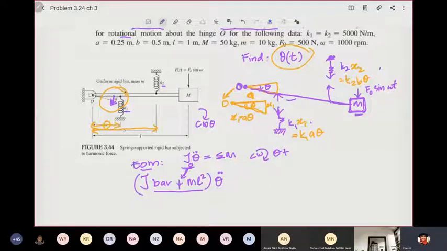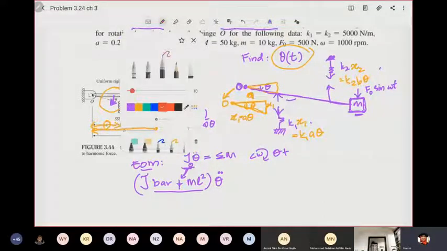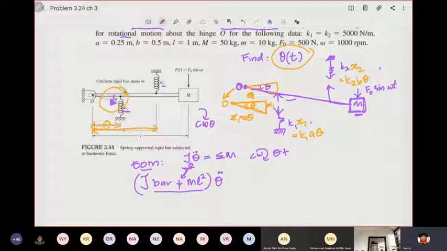You just look at the action reaction forces on the bar. So you have 1, 2, 3 forces. The first one is the K1. You write the direction of this force: this force here is going up, so you go from the pivot point to the direction like that.